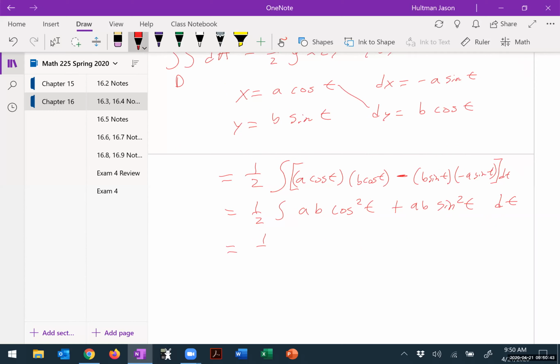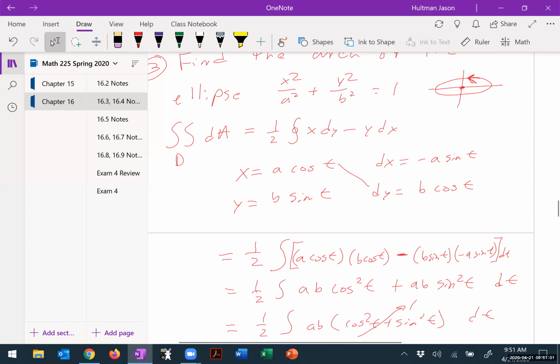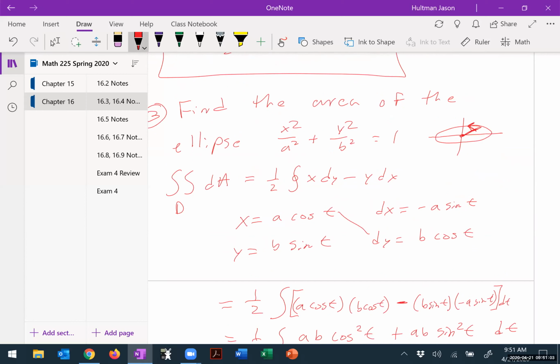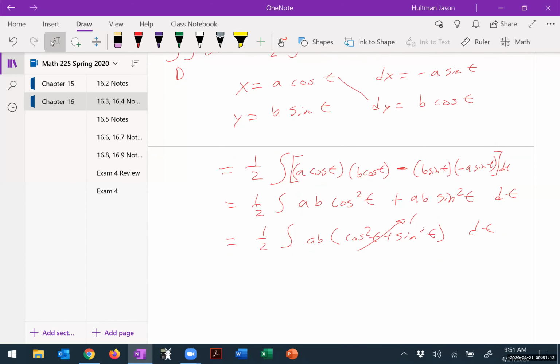Okay, this equals 1/2 the integral of ab, factor out the ab, we get cosine squared t plus sine squared t, which goes to 1, dt. Okay, and so what's t going from? If t is our angle here, what's our angle going through? Our angle is going from 0 to 2 pi, right?